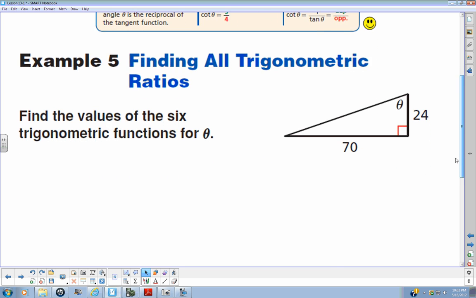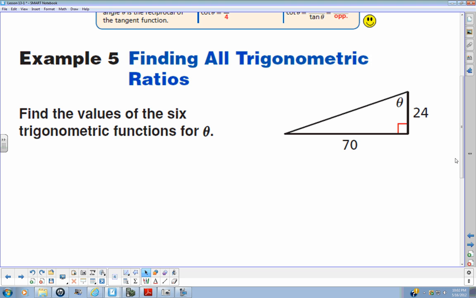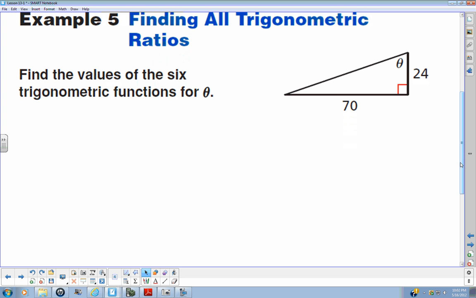So here we have a problem. They want us to find all the trig ratios for this right triangle. So we'll write out what we want to find. We're going to set it up like a little table here.